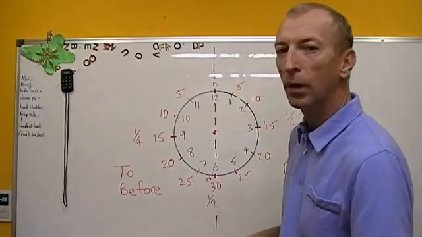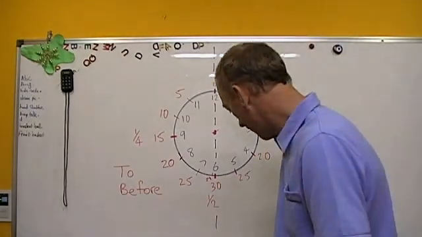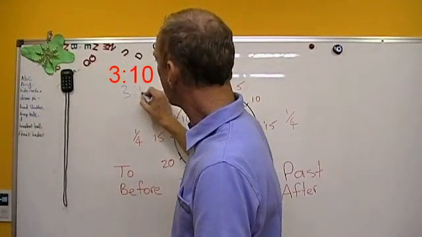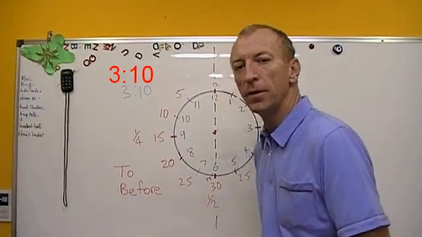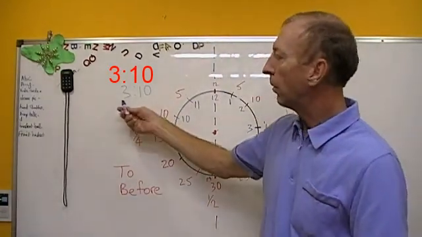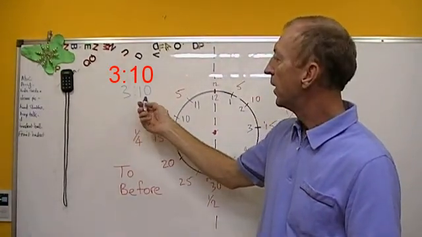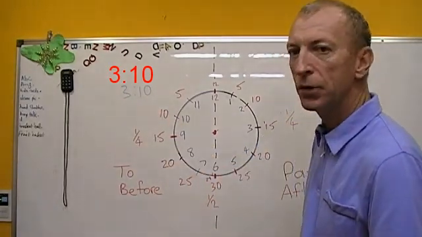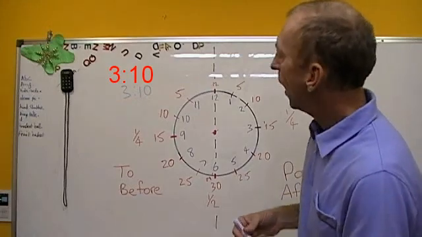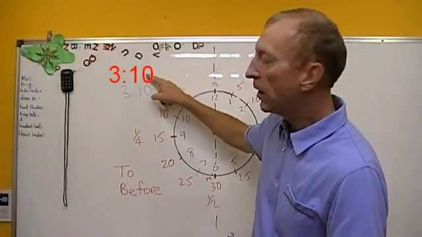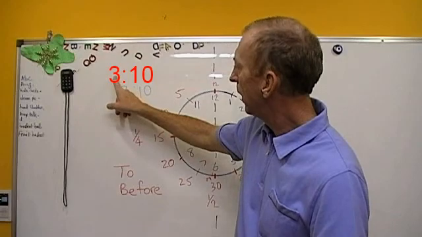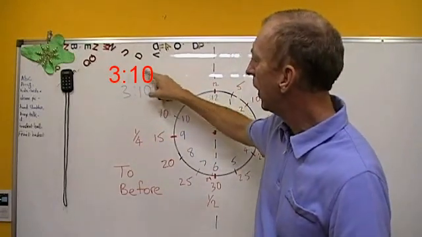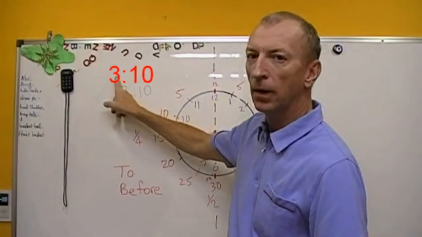Now let's just have a look at a few times just to see if we can get the hang of things. Alright, if we start off with a time like this, we know with method number 1 that we just read from left to right, which was 3:10. Okay, however, with method number 2, we start with the right hand side first and then the left hand side.